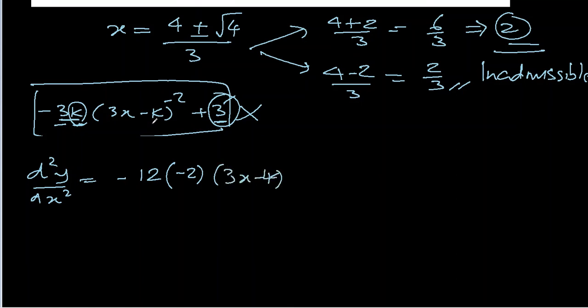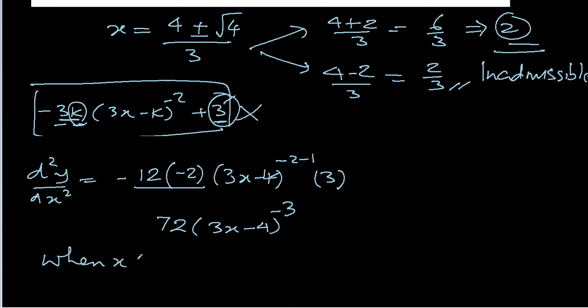In place of k, I'm writing 4 now. Minus 2, it goes down by 1 further. And we multiply by the differentiation of the content, which is 3. So it comes out to minus 24, positive 24 times 3 is 72. Divide 3x minus 4 to the power minus 3.